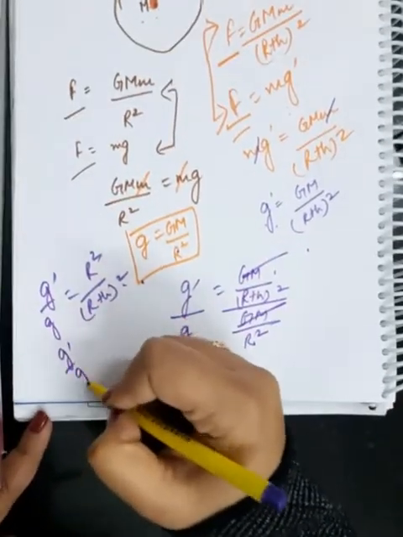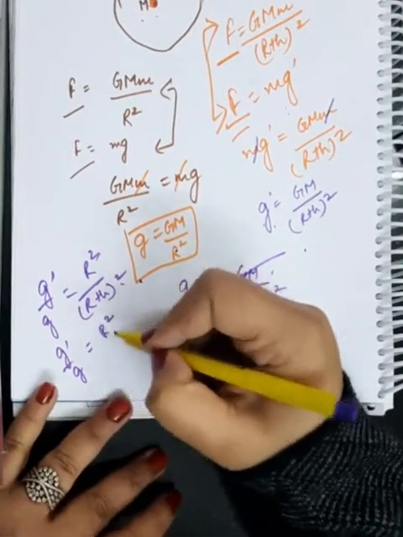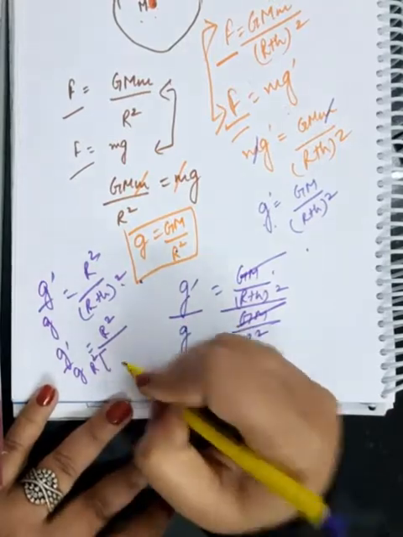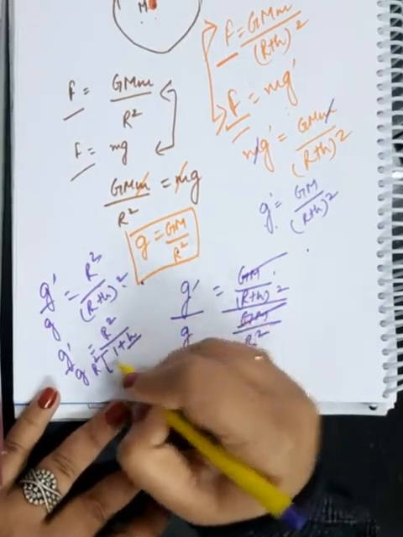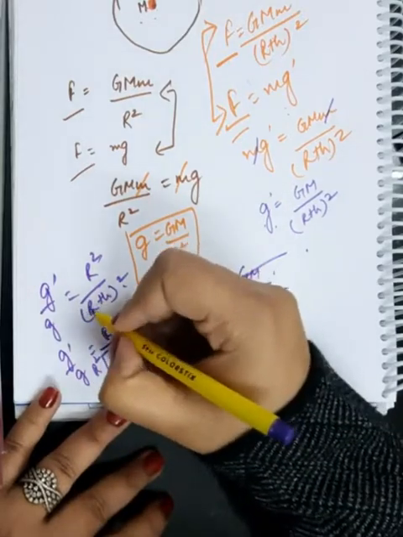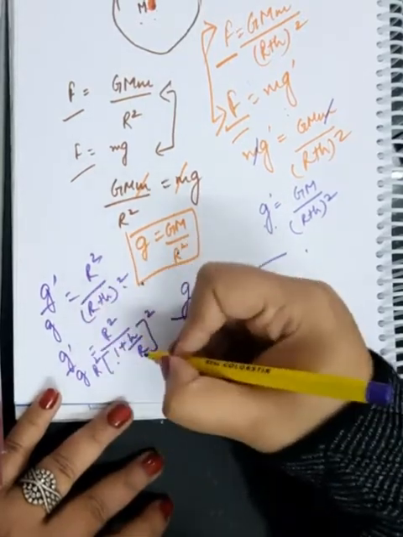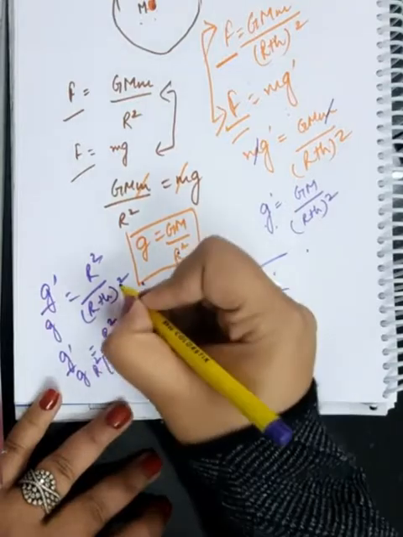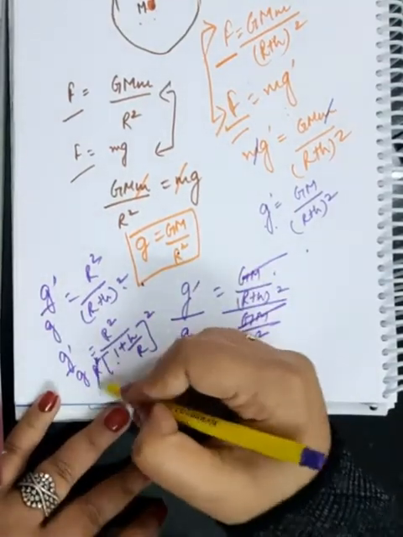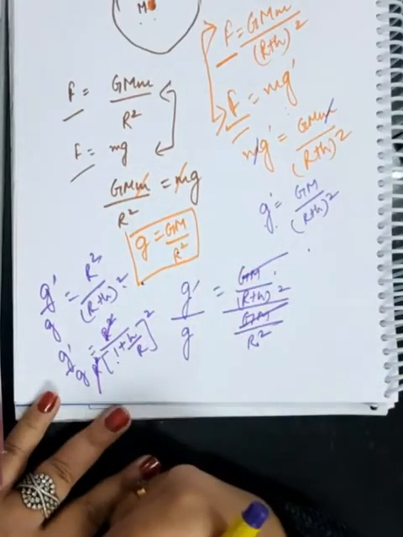Take R square common from here. This will become (1 plus h upon R) whole square. Like you are taking R common, and this will become 1 plus h upon R, and since there is a square also, take it out, it will become R square. So R square cancels with R square, right?